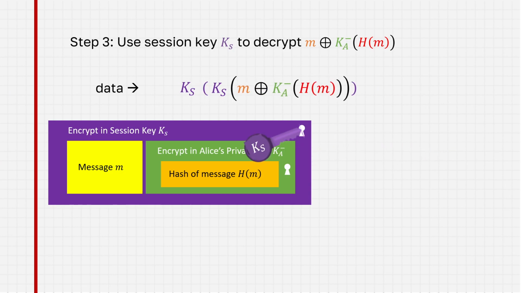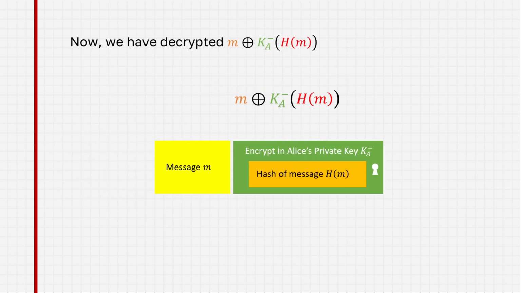So you apply this KS to this KS again. The result is going to be just whatever is inside. So once you decrypt, now you have these two separate messages, which is just the concatenation of your message M with the H encrypted in Alice's private key. Any questions?